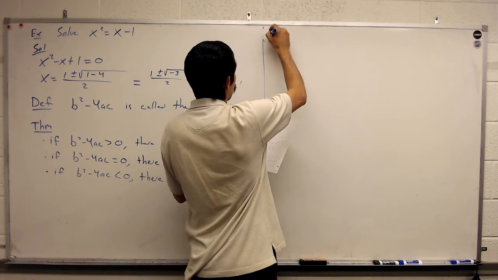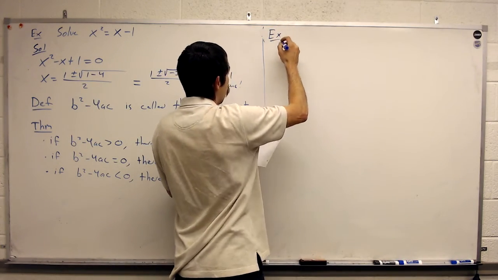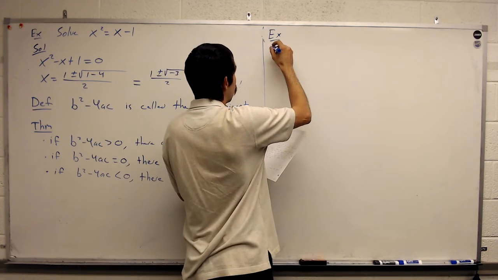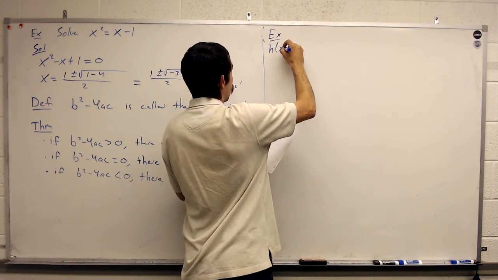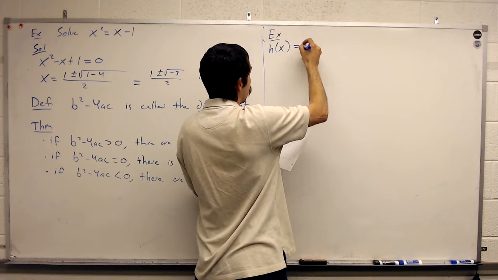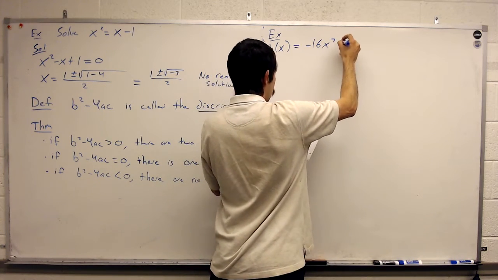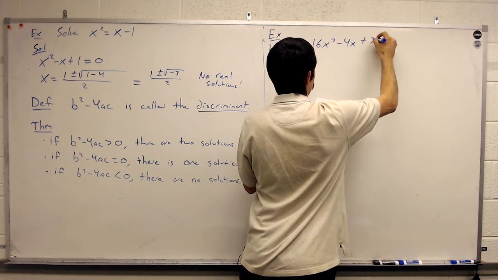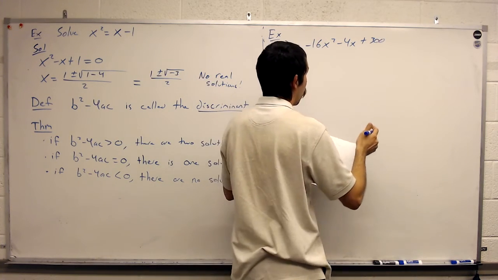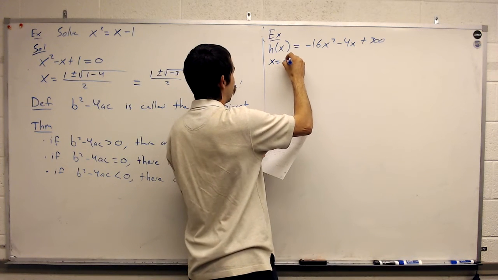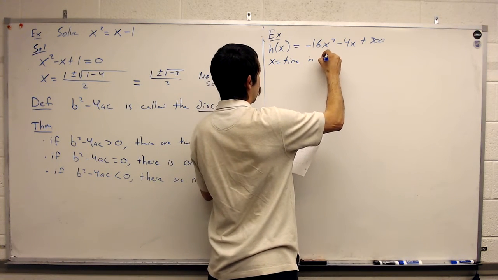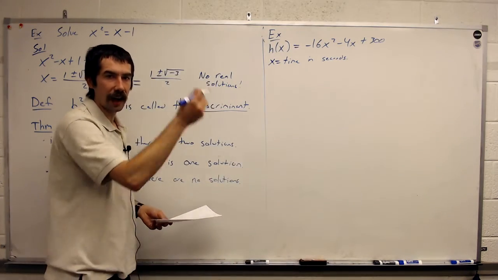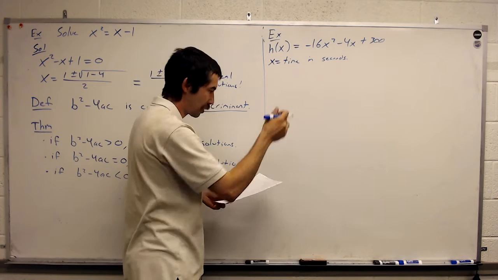Okay, so a tennis ball is thrown up in the air, and its height function is given by negative 16x squared minus 4x plus 300, where x equals time in seconds. So this tells us the height of the ball after x seconds.